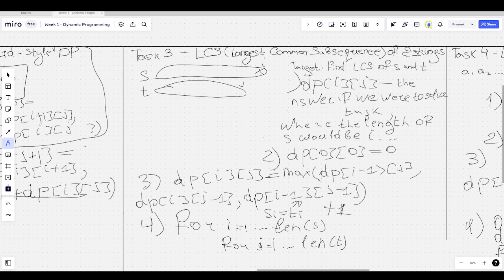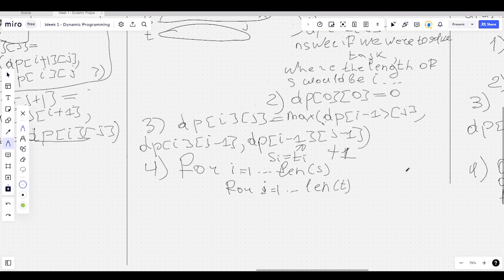What is the order? The order is obvious. And what is the complexity? It's O of len S multiplied by len T. And what's the memory?